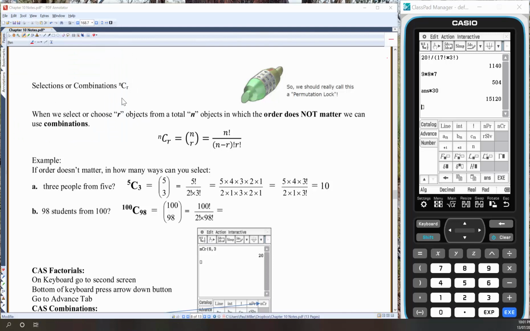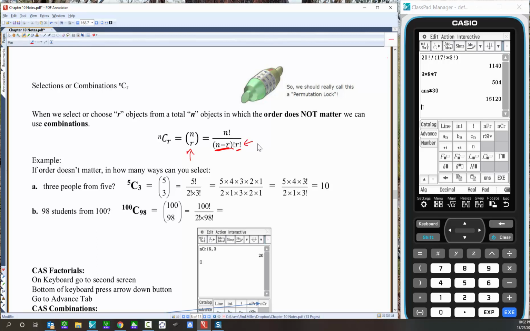If I'm doing it via the formula here, when we choose R objects from a total of N objects in which the order does not matter, we can use combinations. So nCr, or N choose R objects, can also be written syntactically like that. And this is the formula: N factorial over N take R, which you'll notice is the permutations formula with this added to it.